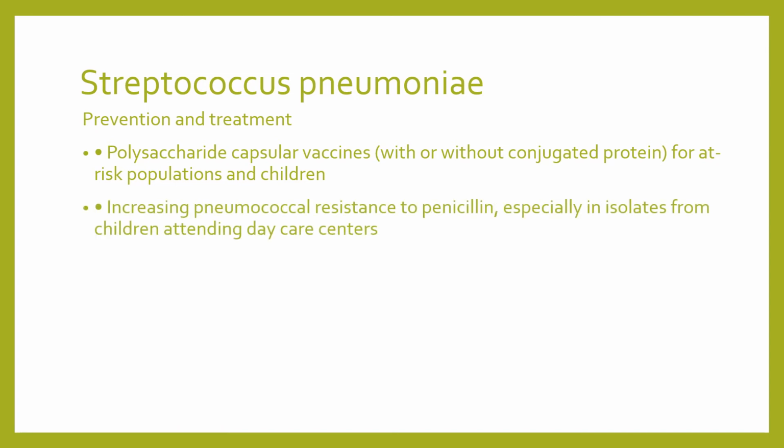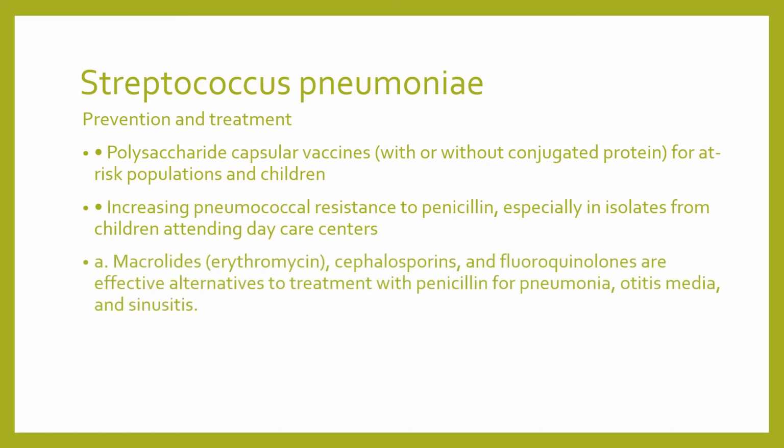But there is now the problem that the misuse of penicillin has led to increasing resistance of Streptococcus pneumoniae to penicillin, and resistant strains are isolated from children attending daycare centers. So how do we treat this bug?